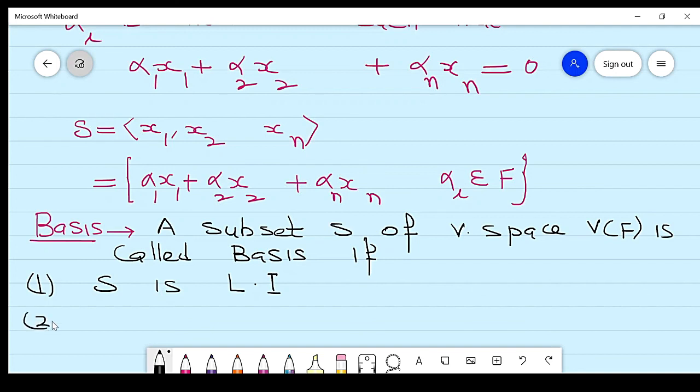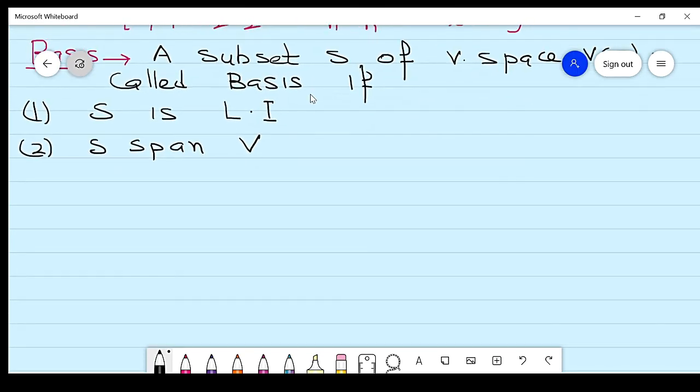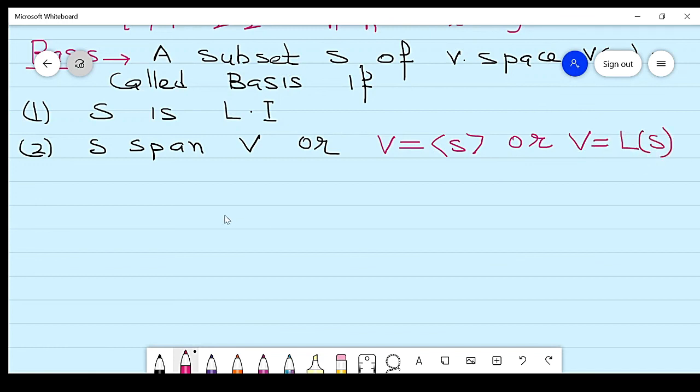Number 2, S spans V. S spans V means linear combinations of S give V, or we can also say that V is generated by S. Also we can say that V is a linear combination of these vectors. So if it satisfies these two conditions, then it is called a basis.